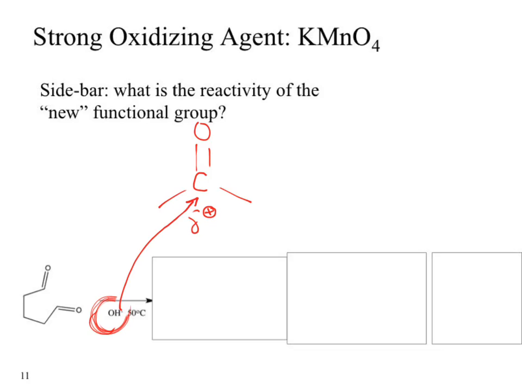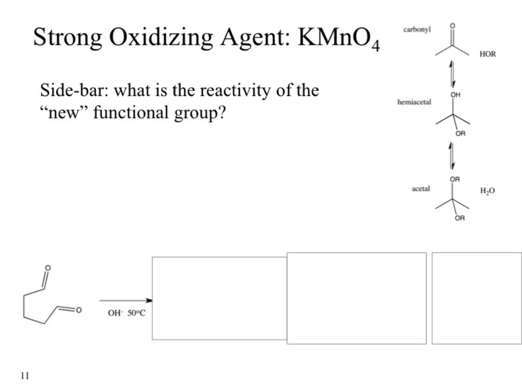The result in our sidebar is that we can take any carbonyl and react it with ultimately any oxygen nucleophile, say like hydroxide or water or an alcohol. And instead of having two bonds to the same oxygen, we can now have still two bonds to oxygen, but those oxygens are now different oxygens.